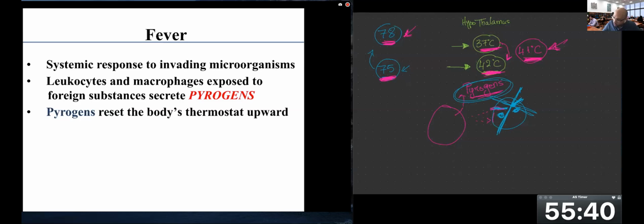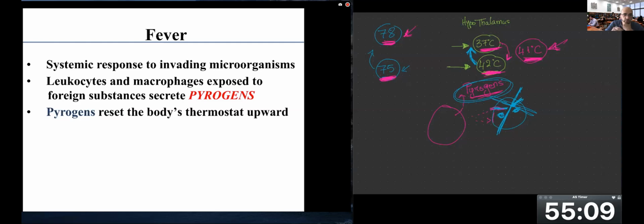So the hypothalamus is gonna be going back to its normal set point. So now it's gonna be detecting, now I have a high temperature, so I need to send out my signals to the sweat glands for me to sweat and reduce the temperature back to normal. But this is a good sign. Having sweating, this is usually taking place towards the end of the course of being ill.